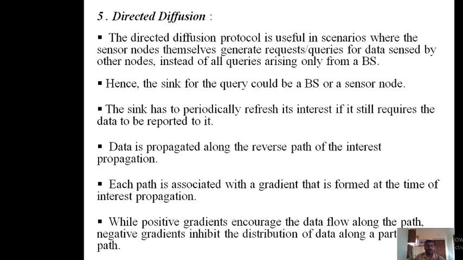In the network we have a number of sensor nodes, and any sensor node can generate queries or requests for data which may be sensed by other nodes. So there is no need for queries to be generated only by base stations.